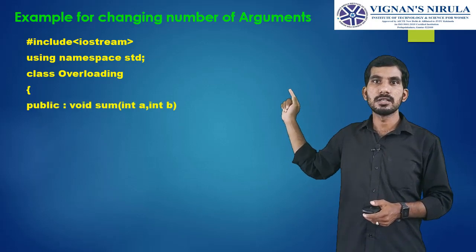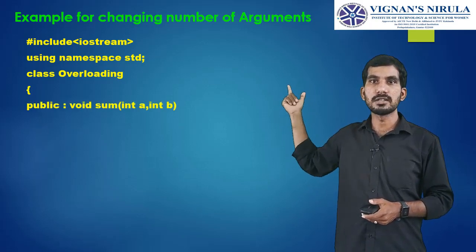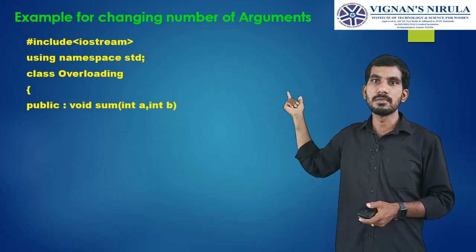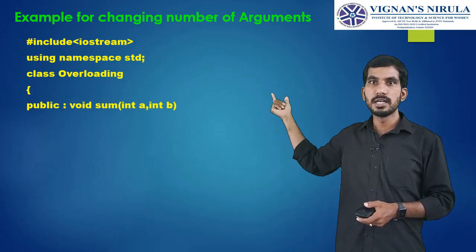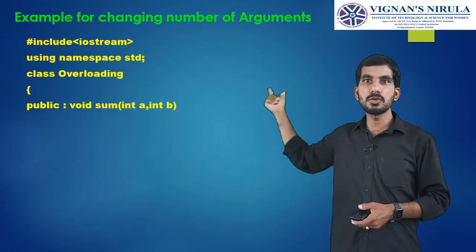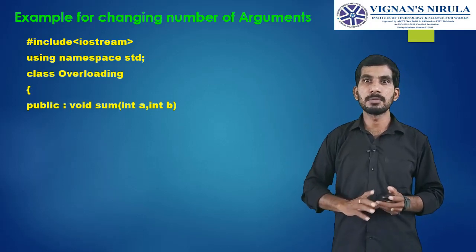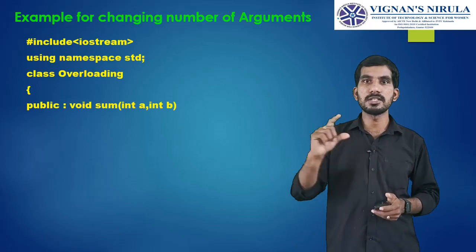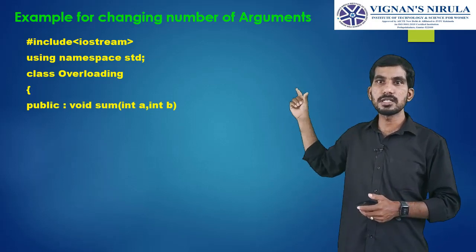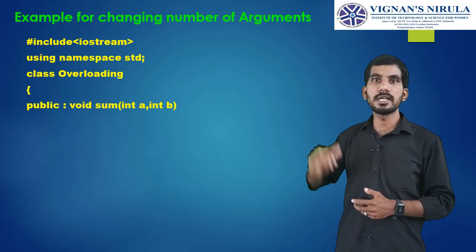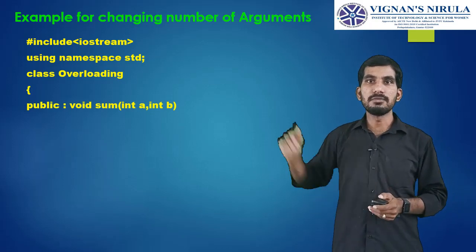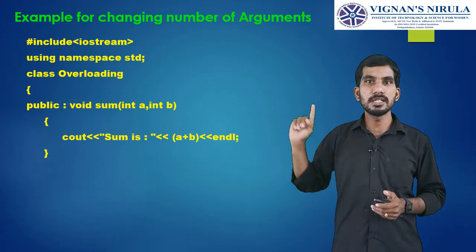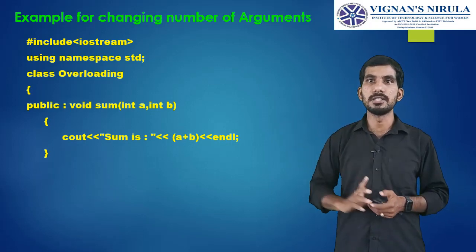Within this class I am defining a function, and the function name is sum. The return type is void, and the sum function is assigned the public access specifier. That means the sum function is available throughout the program, from the start to the end of the program. Within this sum function I am passing two parameters, integer a and integer b.